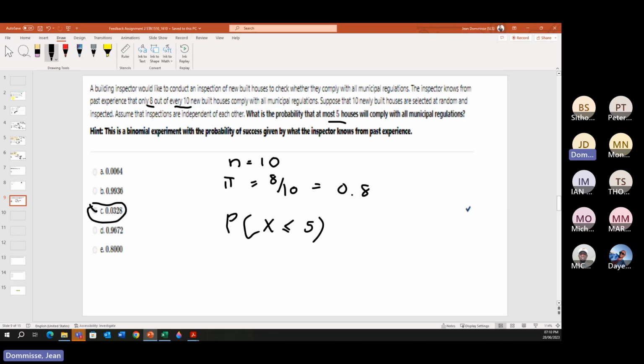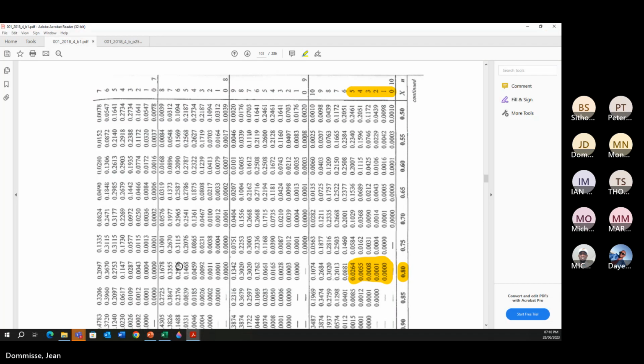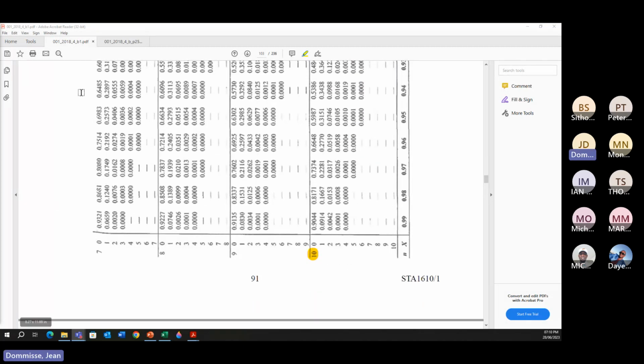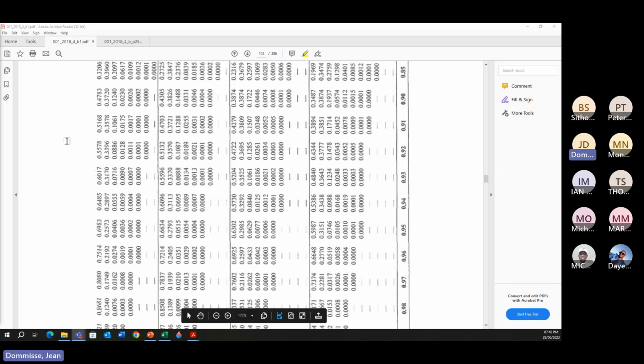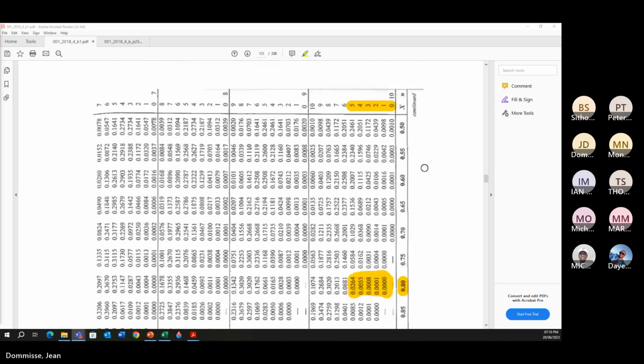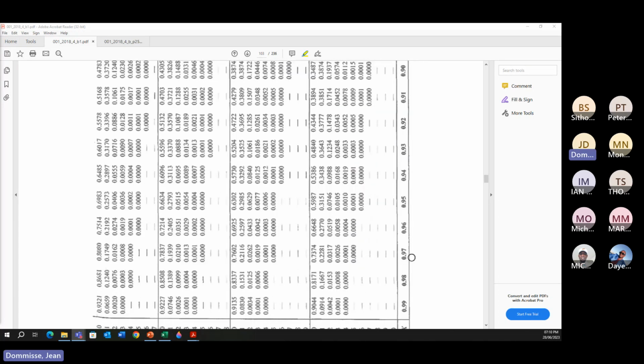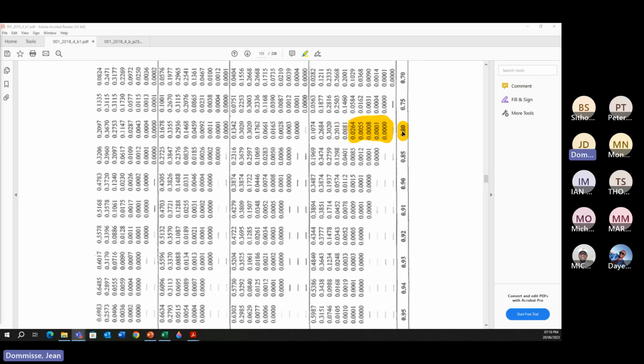So with this one, again, I go to the tables. If we look at the tables, remember at the top we work for the probability smaller than 0.5. Then at the bottom, we work with probabilities from 0.5 to 0.99. Here we needed to work with 0.8.